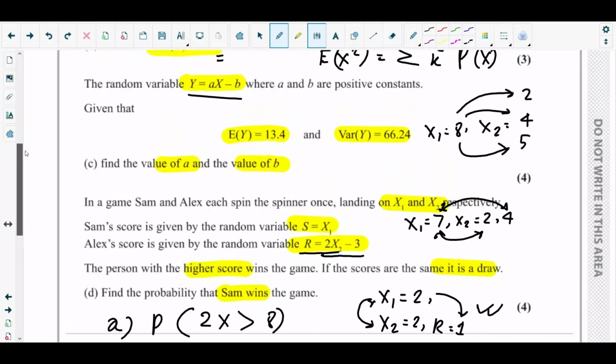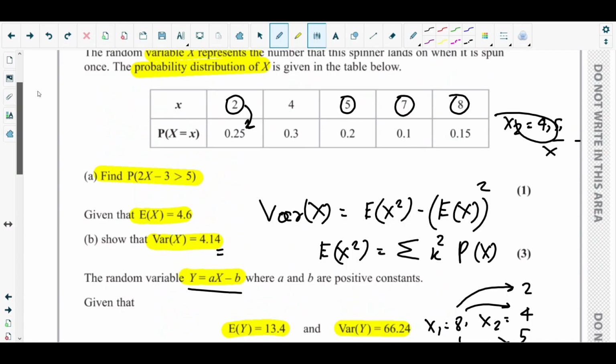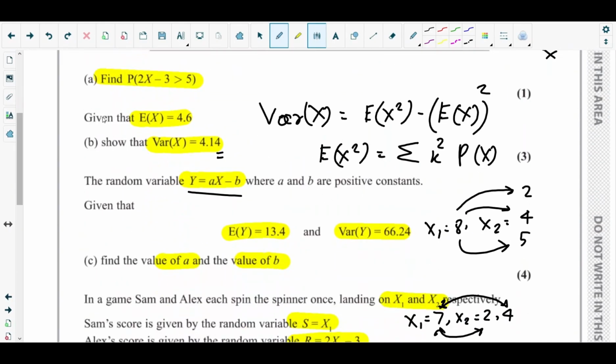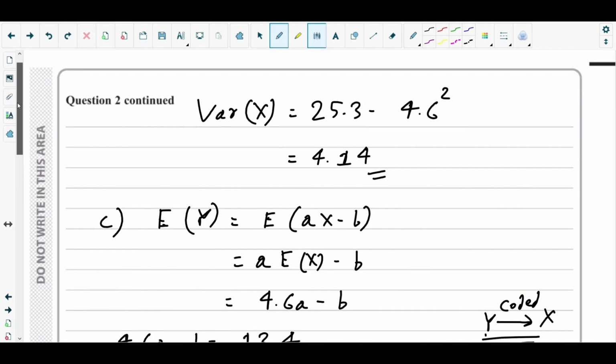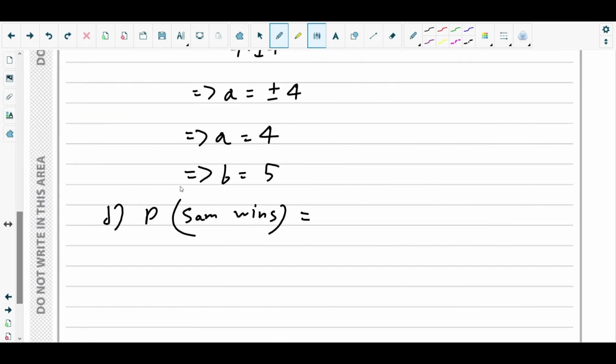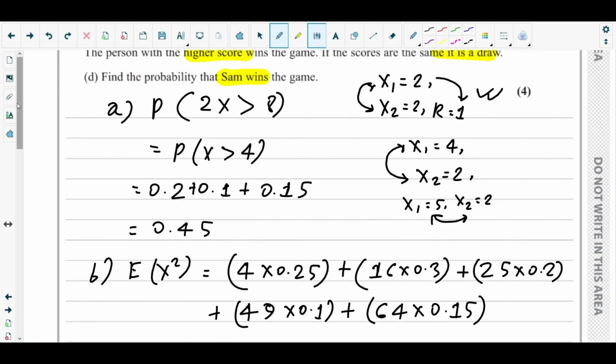That means the probability of x to be 2 is 0.25, so there is 0.25 squared. Then plus what? Next is what?